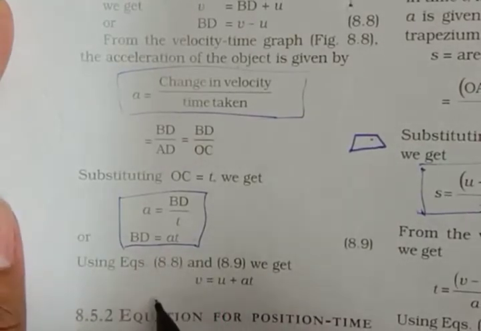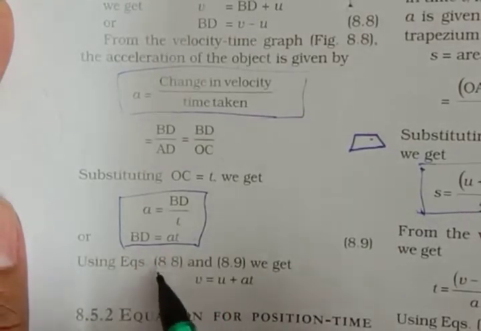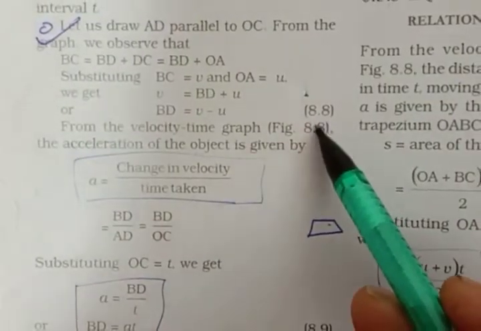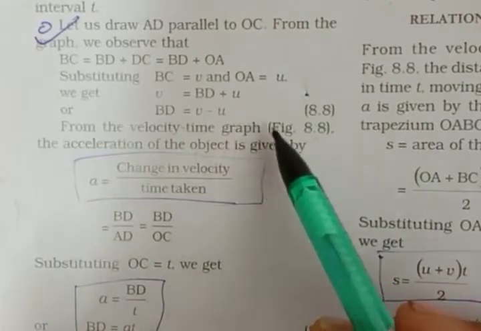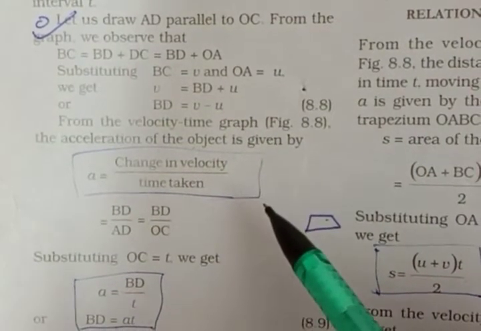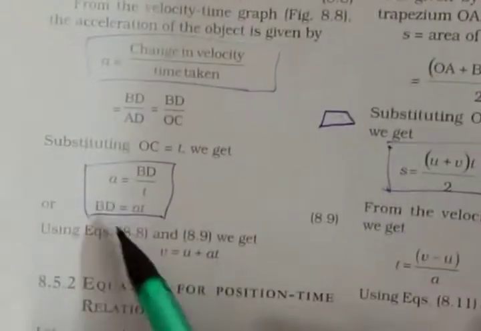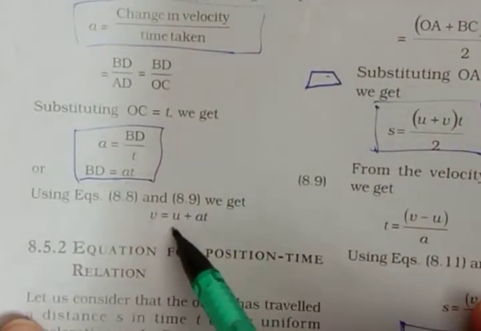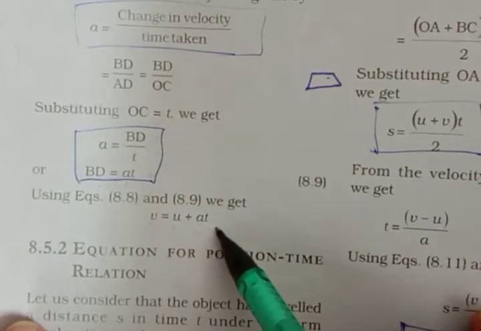Now when we use both equations, 8.8 and 8.9, we will get V is equal to U plus AT, right.